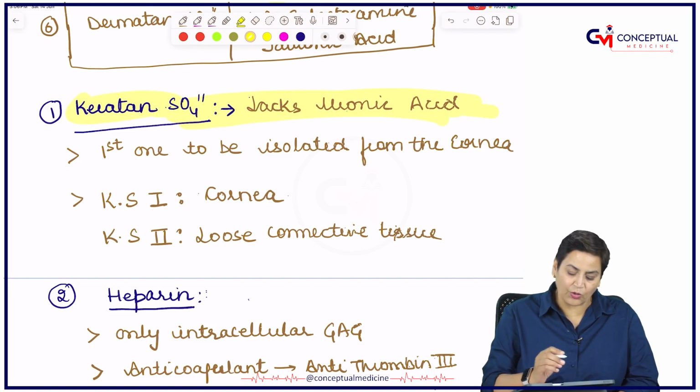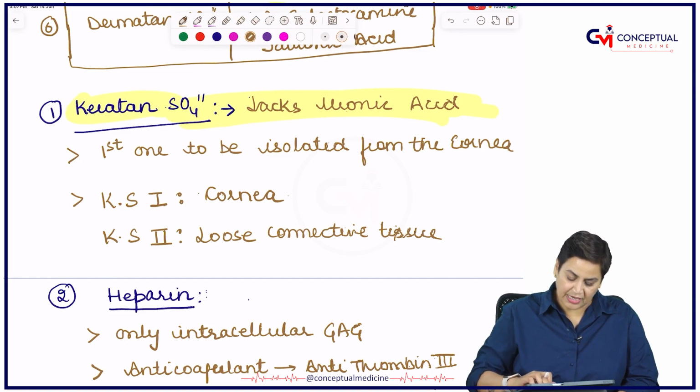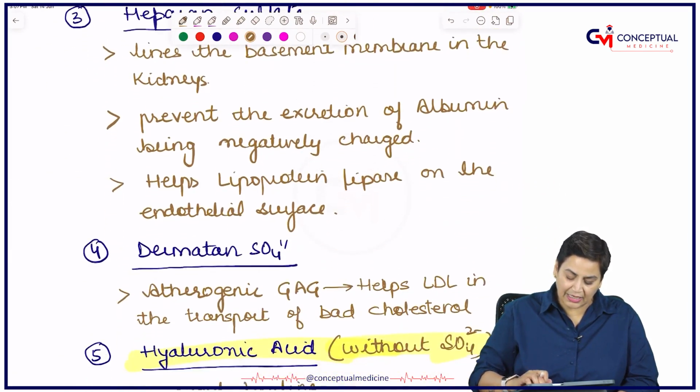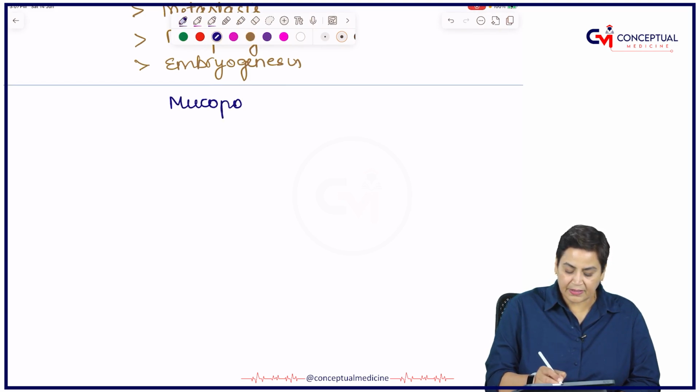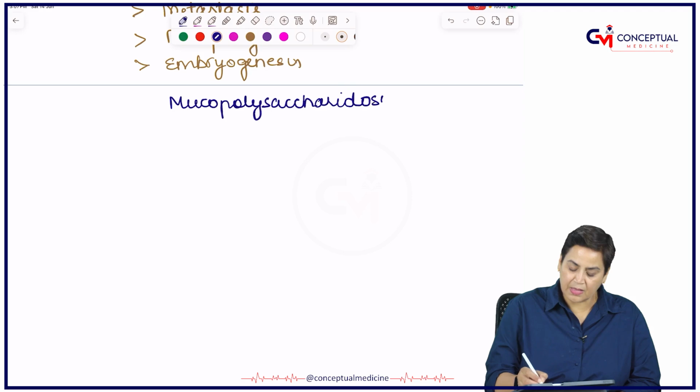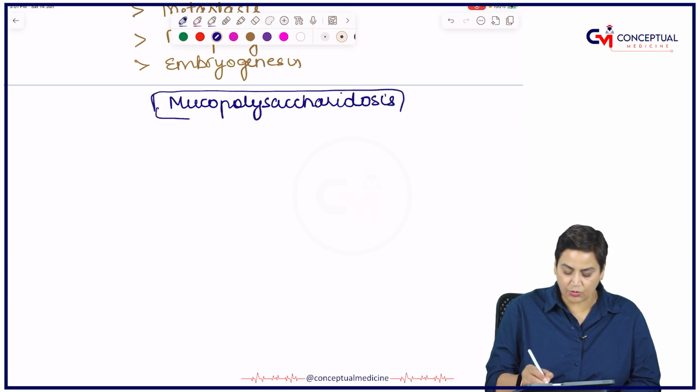Now coming over to the clinical correlation of this. Whenever we talk about the clinical correlation, it leads to mucopolysaccharidosis. And how do we define these mucopolysaccharidoses?